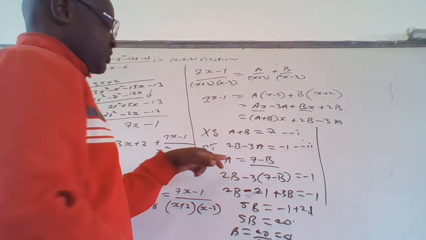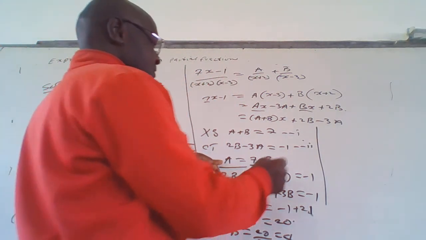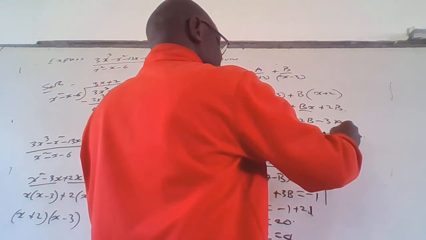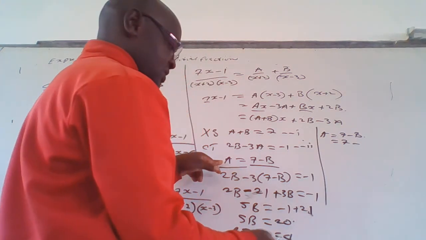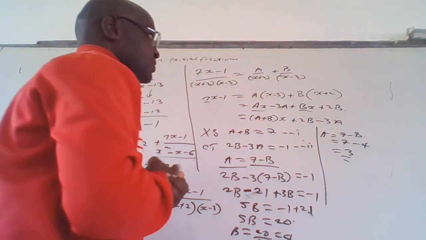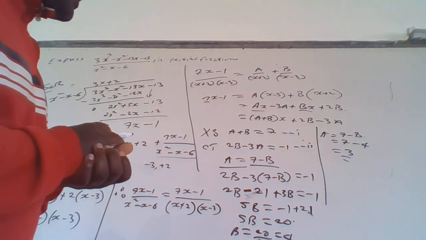If B is 4, then you can get the value of A. A equals 7 minus B, which is 7 minus 4, which equals 3.